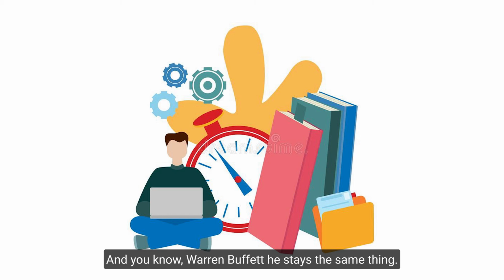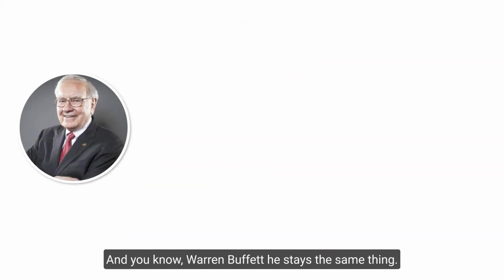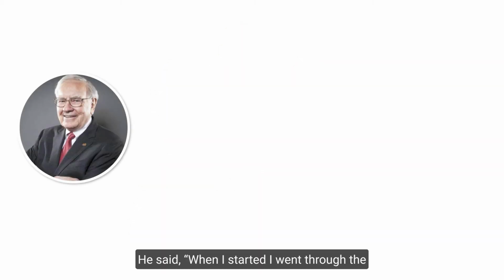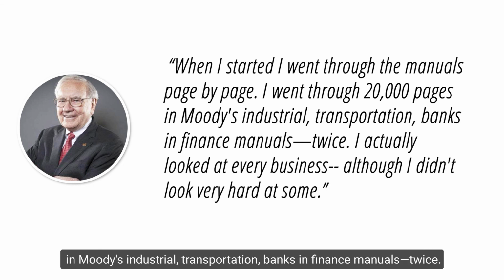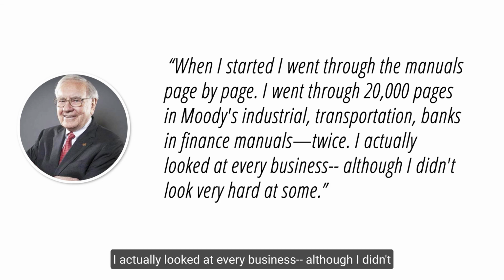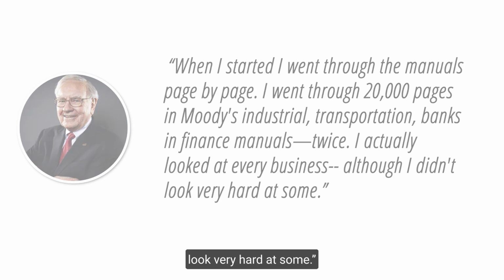Generally speaking, Warren Buffett says the same thing. He said, when I started, I went through the manuals page by page. I went through 20,000 pages in Moody's Industrial, Transportation, Banks and Finance manuals twice. I actually looked at every business, although I didn't look very hard at some.